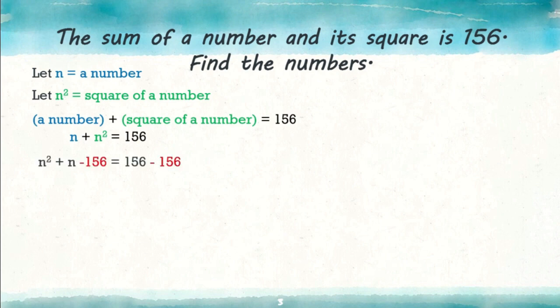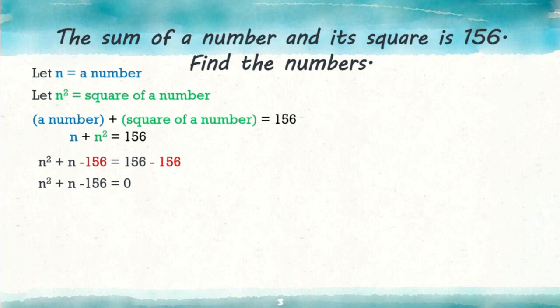So we will have n squared plus n minus 156 equals 156 minus 156. Simplify the polynomial. So we will have n squared plus n minus 156 equals 0.